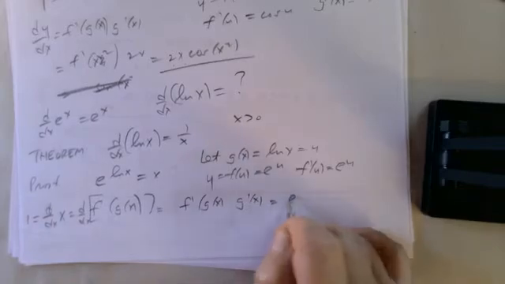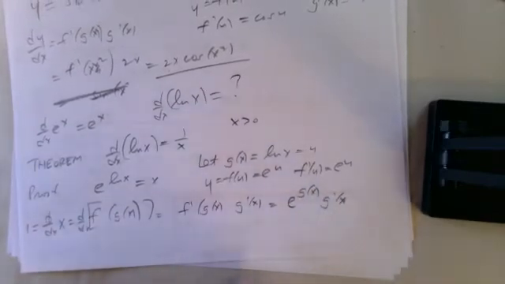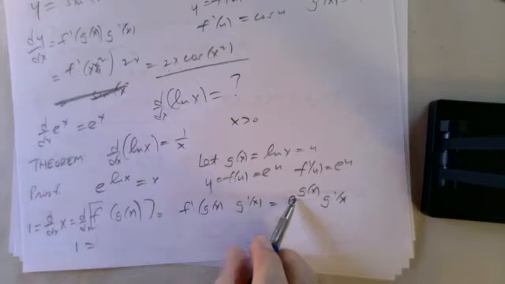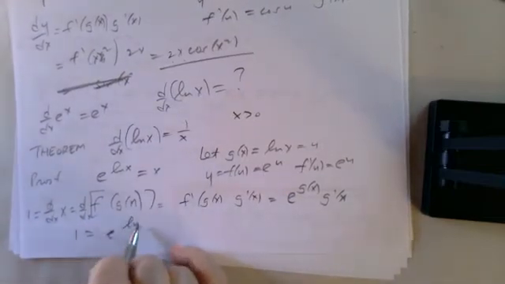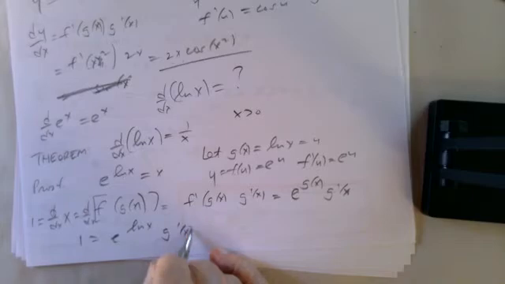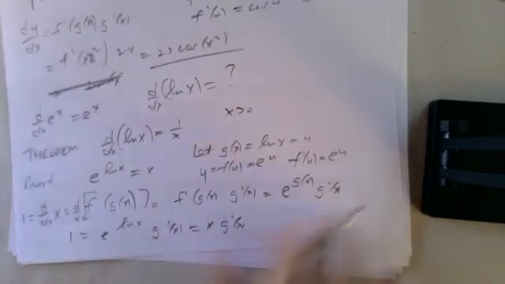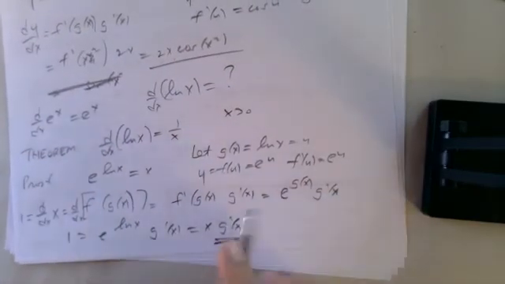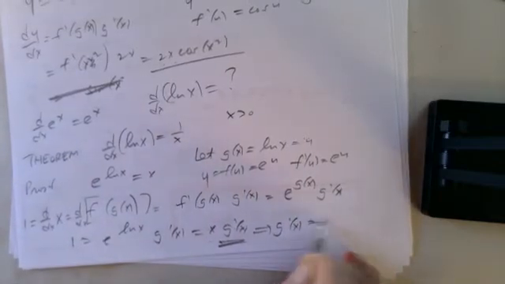So this is e to the g of x times g prime of x. G of x is equal to log x, so this is e to the log x times g prime of x, which is x times g prime of x. G prime of x is what we want to find, so just divide by x. G prime of x is 1 over x.